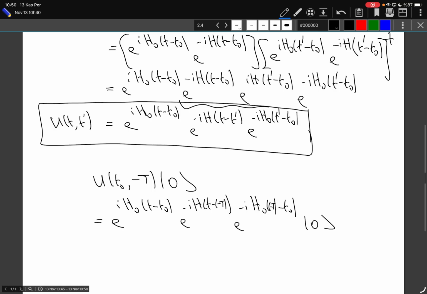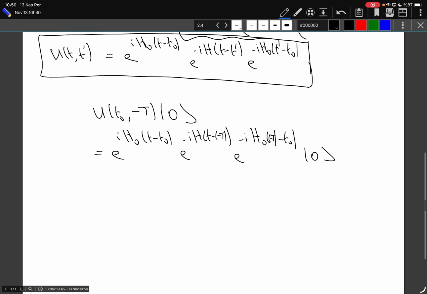Acting on the empty state, well, the empty state is an eigenstate of H0. You can fix the energy of the empty state to be zero or some constant, but whatever, there will be some phase. If you define the empty state to have zero energy with respect to H0, that phase would be just 1. Then you will get this quantity.